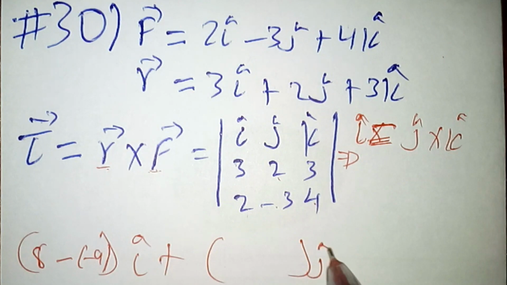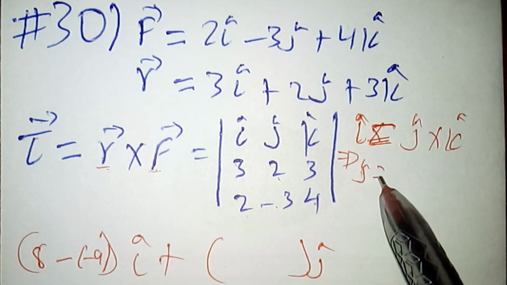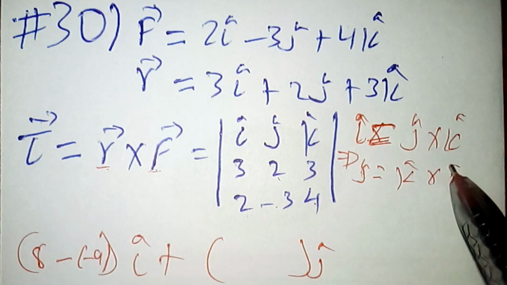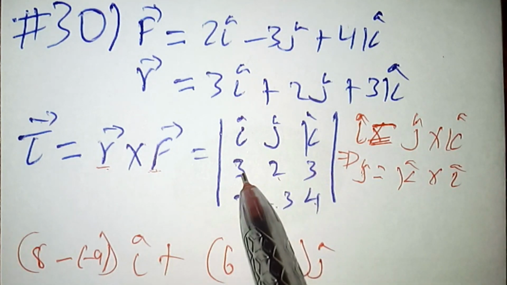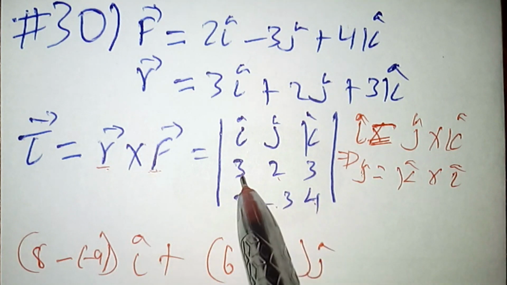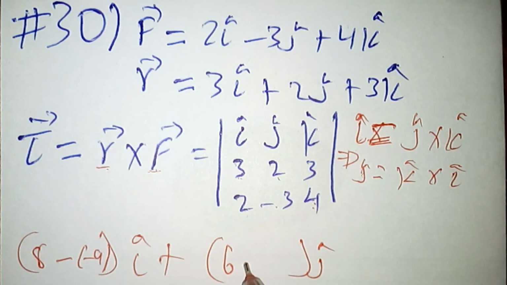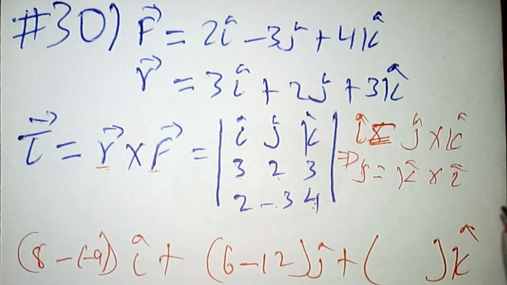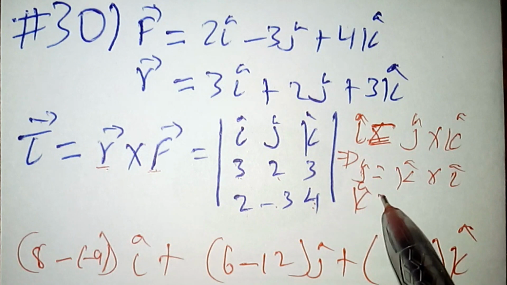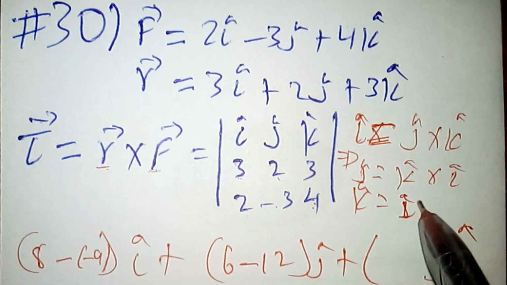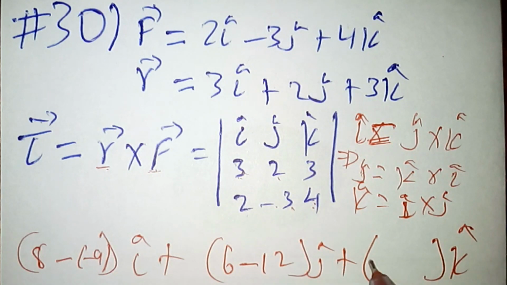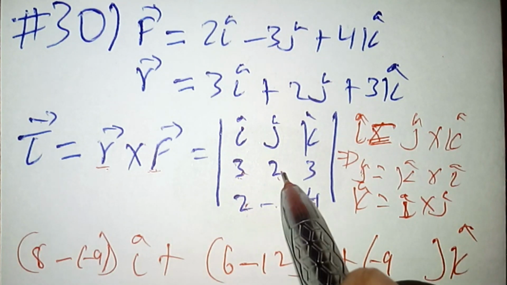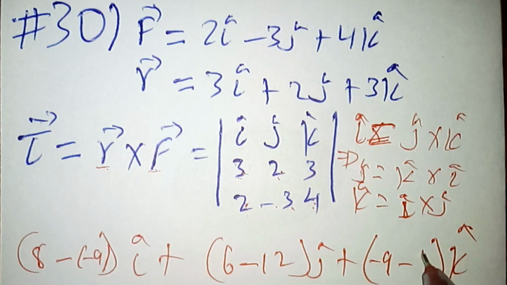And the j terms: j is always k cross i. That means 3 times 2, which is 6, and i cross k, which is 3 times minus 4, which is 12. And the k term: k is always i cross j, that is 3 times negative 3, which is minus 9, and 2 times 2, which is 4.